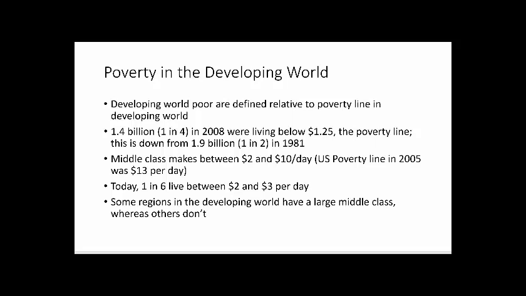So some statistics are presented here for poverty in the developing world. And it's kind of telling that today approximately something like 1 in 6 live between $2 and $3 a day. This is just above the extreme poverty line. That means these people are not considered extremely poor, but they are nonetheless poor.